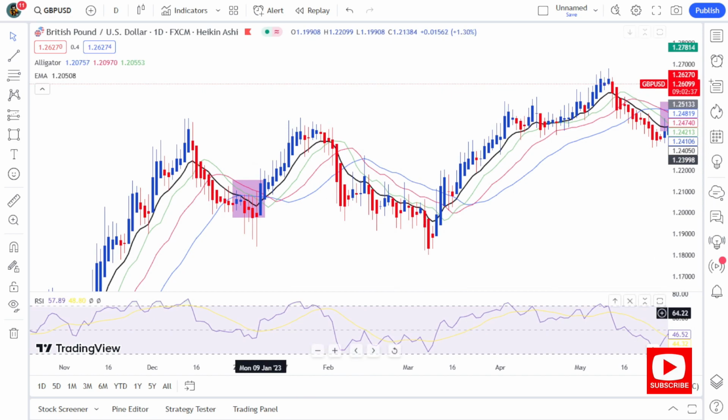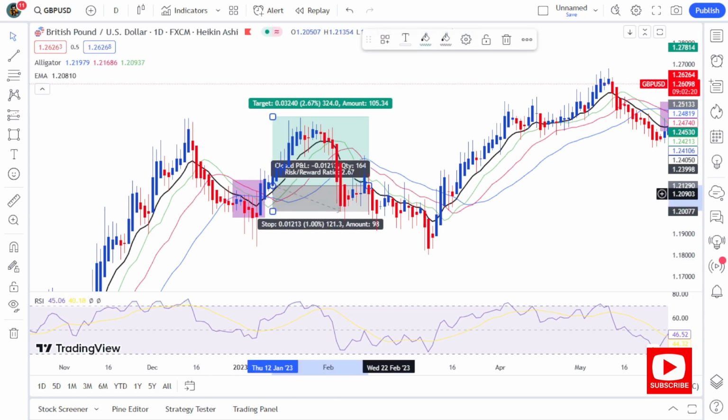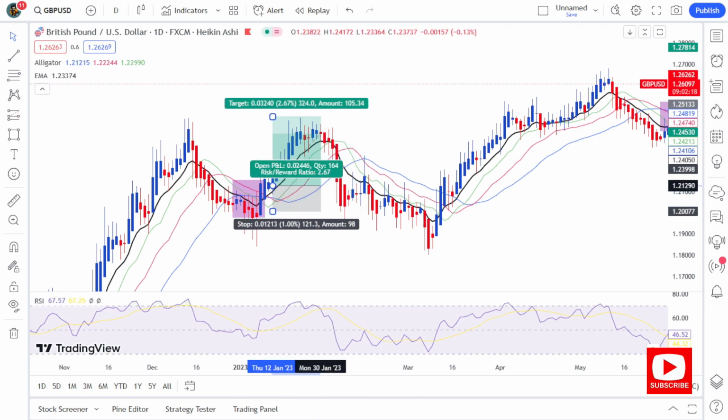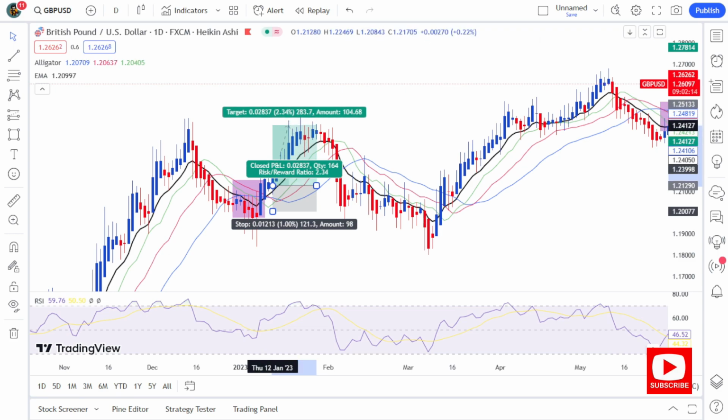RSI is in the buyer's region as well as the moving average 10 crossing the whole Alligator indicator. This signifies a wake up point. So we set our trade, stop loss below the moving average, and our take profit 2%.